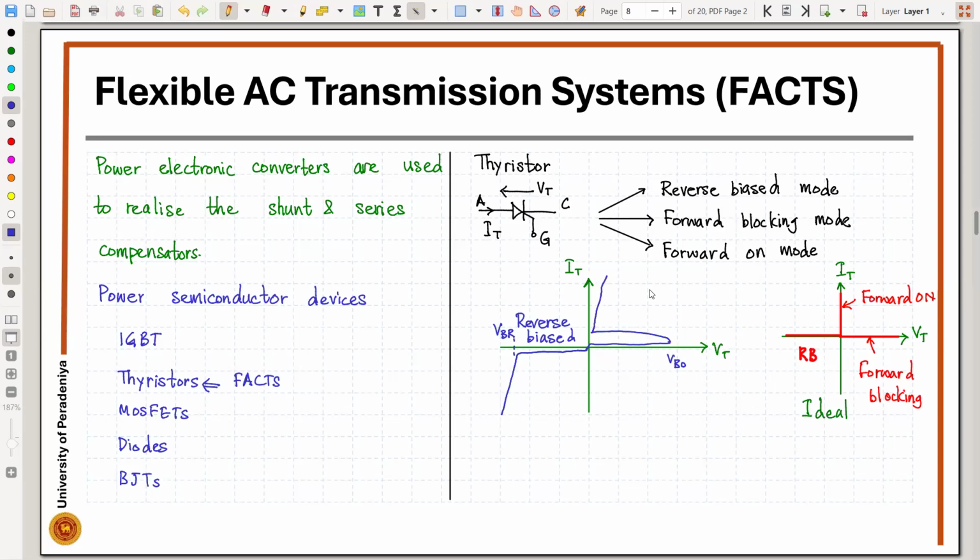So in the on state, you are going to see this kind of characteristic. The current will be increased. So this is after the breakdown.